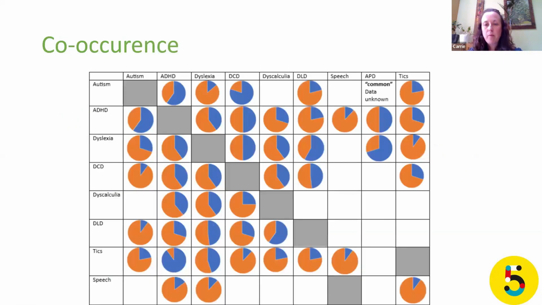So I touched a little bit before, when we were speaking about the stereotypes, on 1/4 of autistic people also having a learning disability. And I think it's important to touch on co-occurrence, because it is quite common for people with one neurodivergence to end up having one or maybe multiple different neurodivergences. That can make their profile a lot more complex, but it's important to be aware of those things.